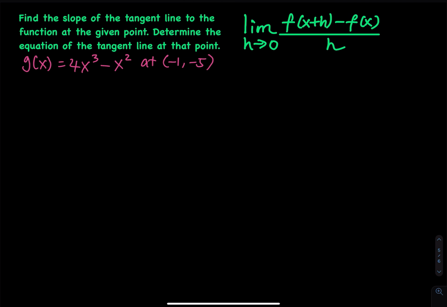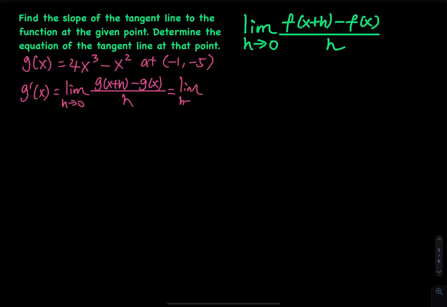Okay, let's start. G prime of x equals the limit as h approaches 0, and then draw a fraction bar. We have g of x plus h minus g of x, divided by h, which equals the limit as h approaches 0. Let's draw a long fraction bar.